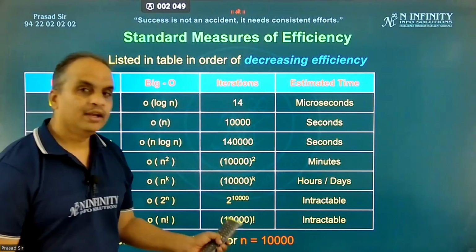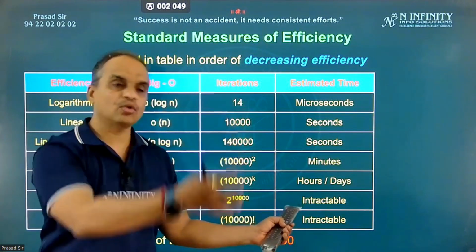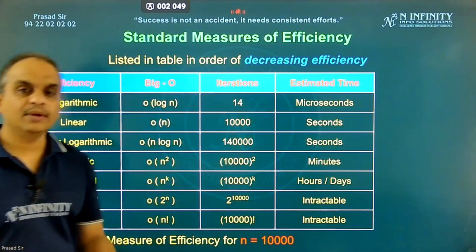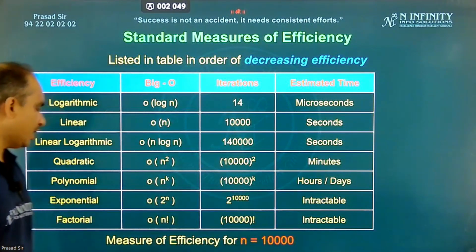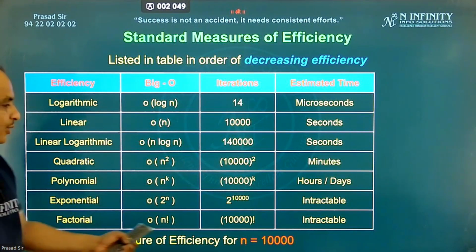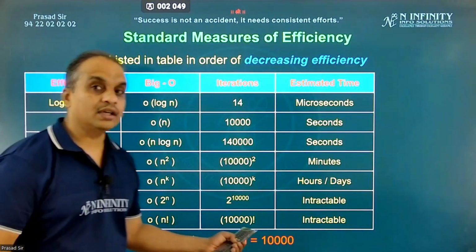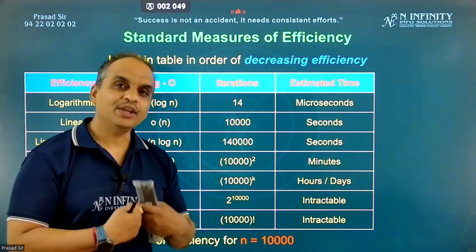Here we are talking about 2 raised to 10,000, and this goes into the zone of intractable, meaning computing cannot go on solving this type of algorithmic aspect. And factorial is beyond that, the factorial of 10,000, right? So this is going to be a very huge thing.